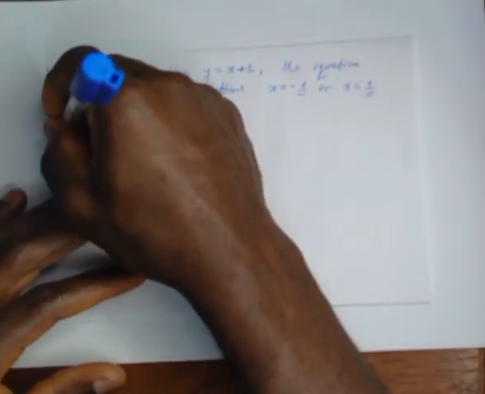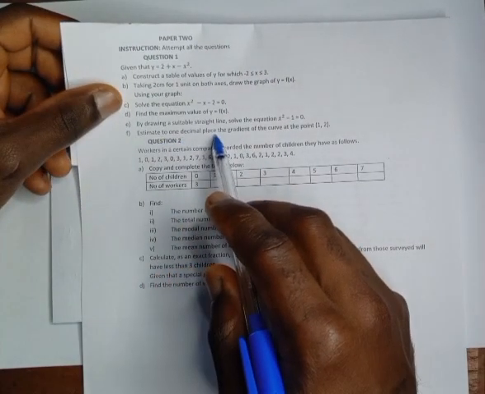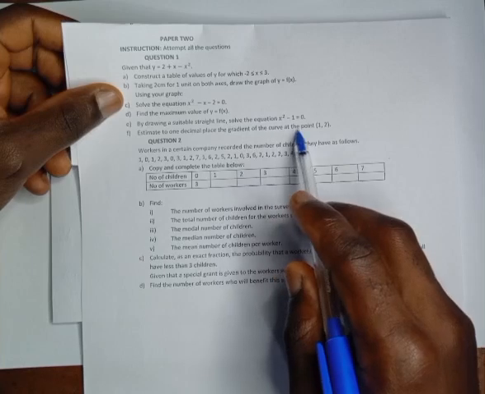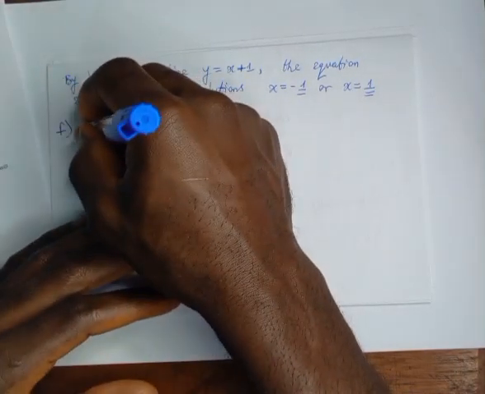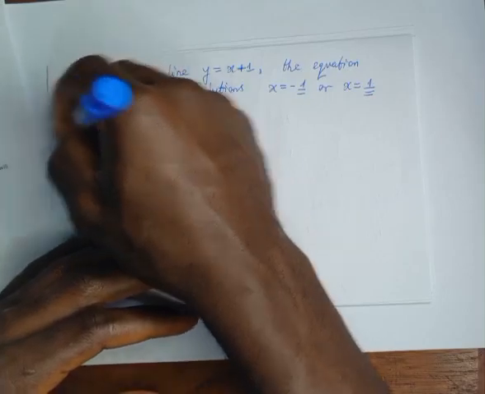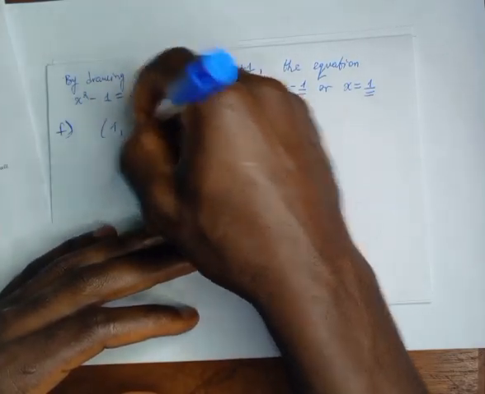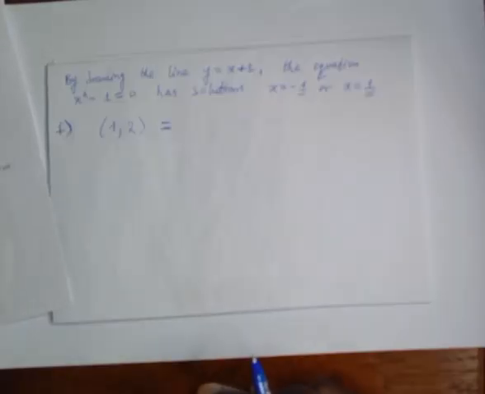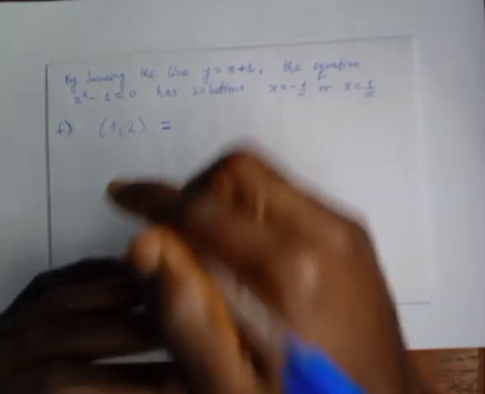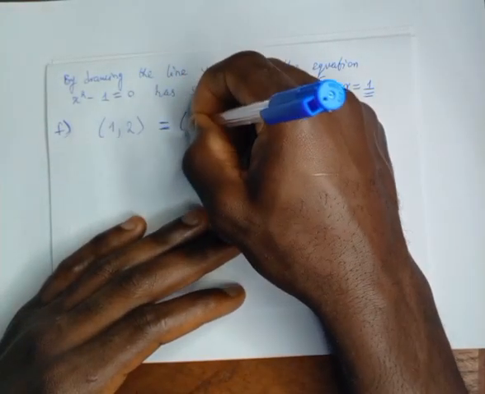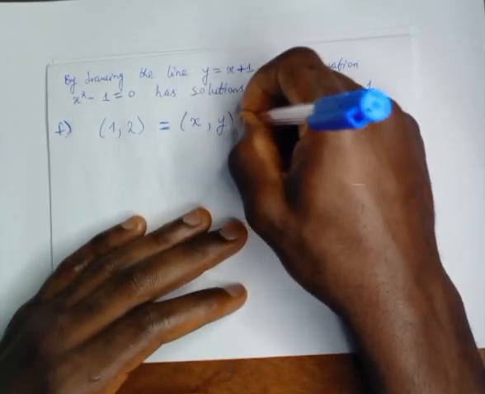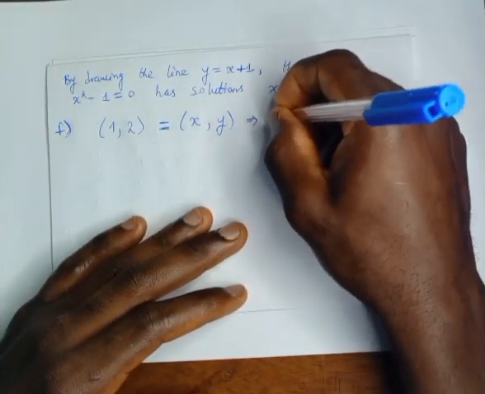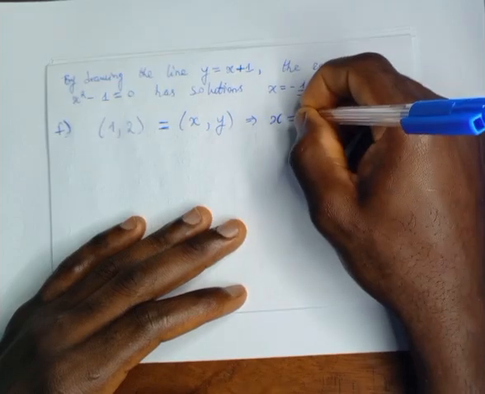Question F is asking us to estimate to 1 decimal place the gradient of the curve at the point 1, 2. We have been given a point as such, 1, 2. In the Cartesian system, given points, we start by giving out the x coordinate followed by the y coordinate. It therefore means that at that point, x is equal to 1.